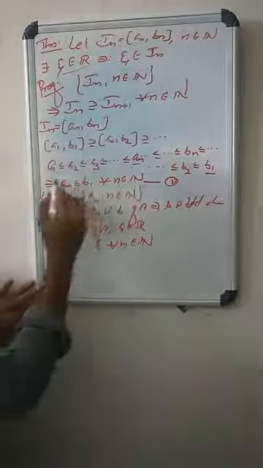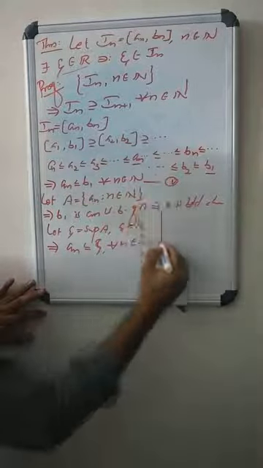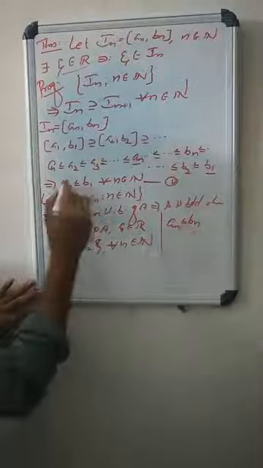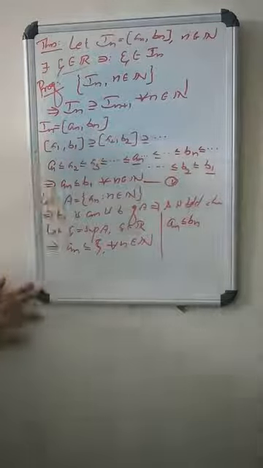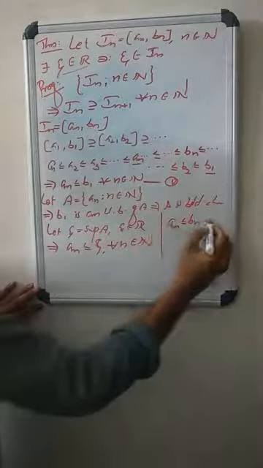Now an ≤ b1, but from here we can also say that an ≤ bn for all n.